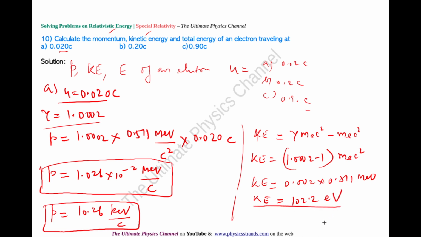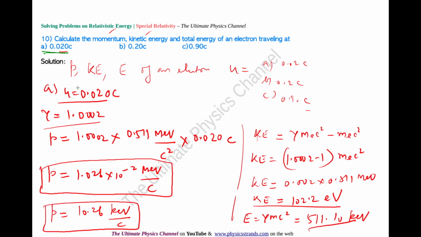This is a very small kinetic energy. And then if I calculate total energy, which is gamma mc squared for this electron, gamma is 1.002, mc squared is 0.511 MeV. So I get in keV units 511.10 keV. That is the total energy for this particular electron traveling at 0.020 c.